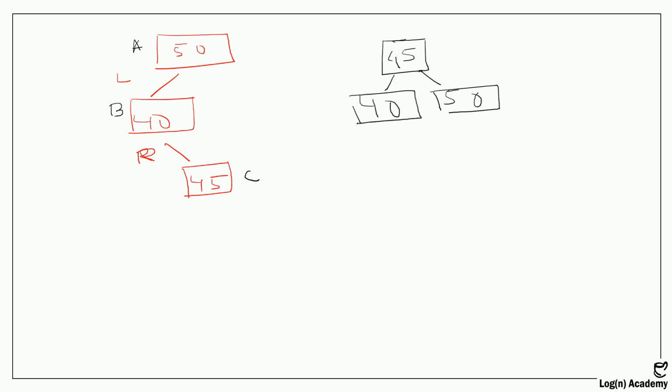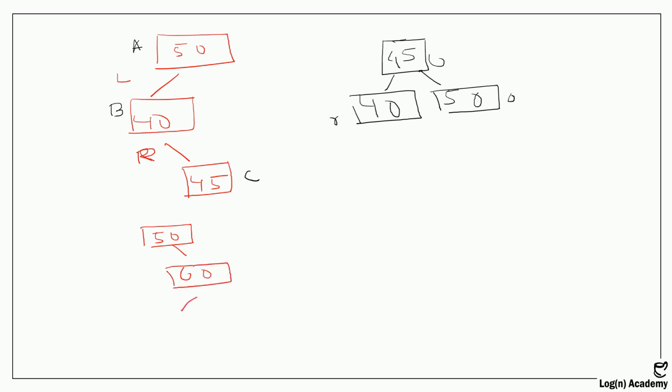Okay. So this is how we have balanced this unbalanced tree, and the balance factor will be 0 for all. And for the RL case, we have 60.